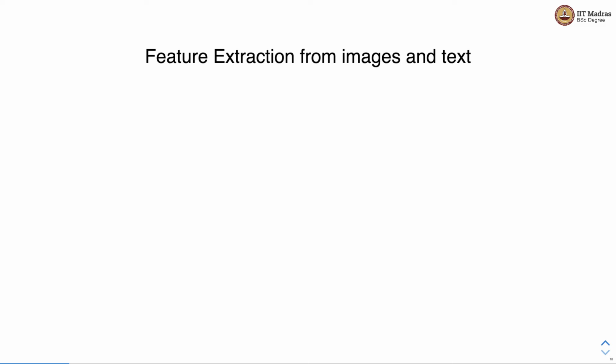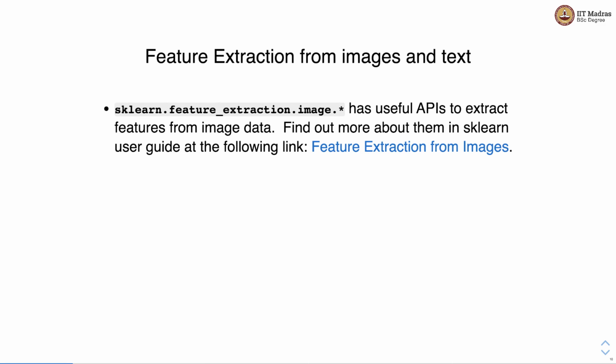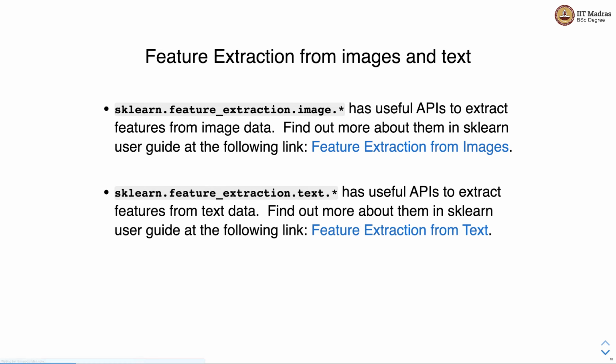We also sometimes have non-numerical data like images and text, and sklearn provides specialized APIs for extracting features from such kinds of datasets. In order to extract features from images, sklearn has the sklearn.feature_extraction.image module, and sklearn also has a corresponding module for extracting features from text.